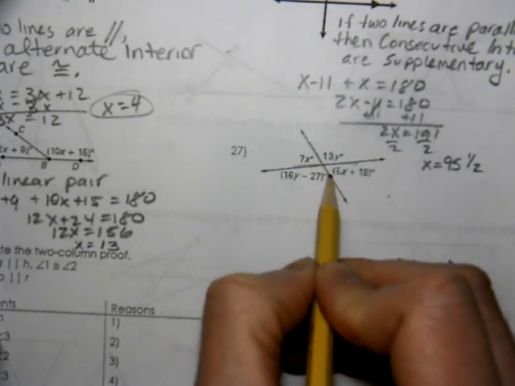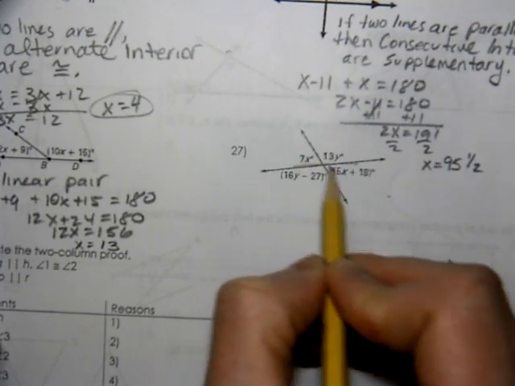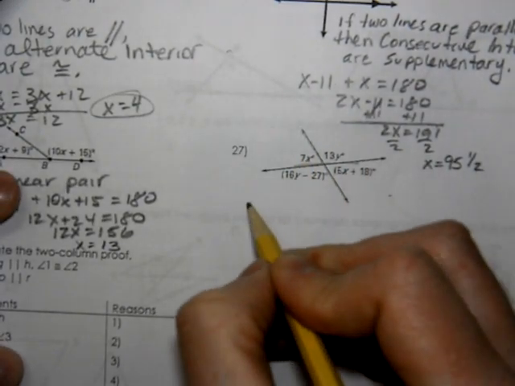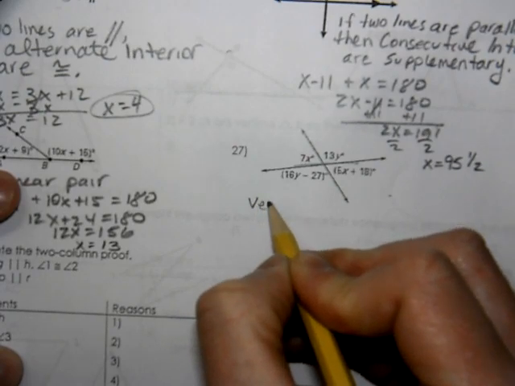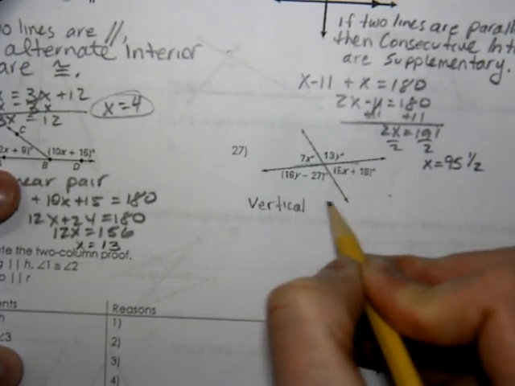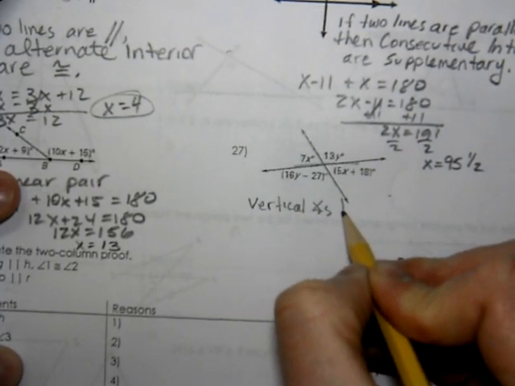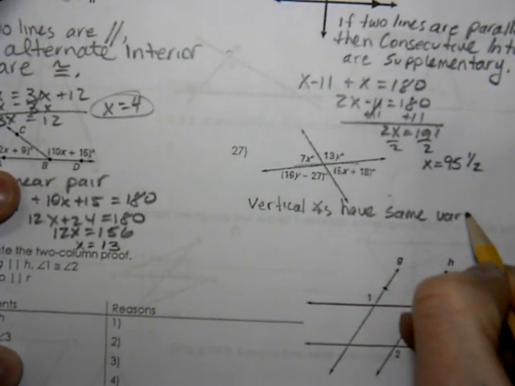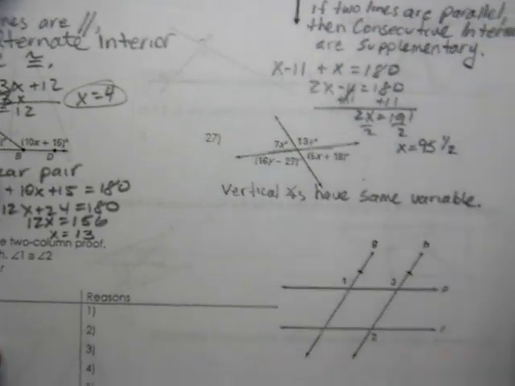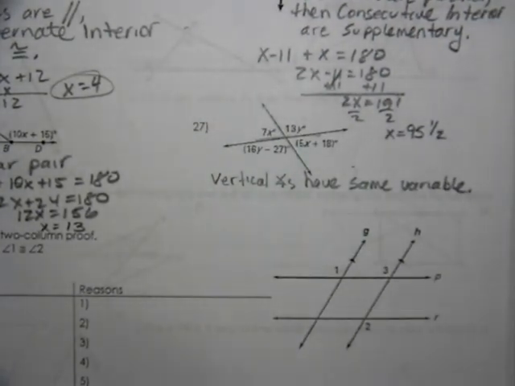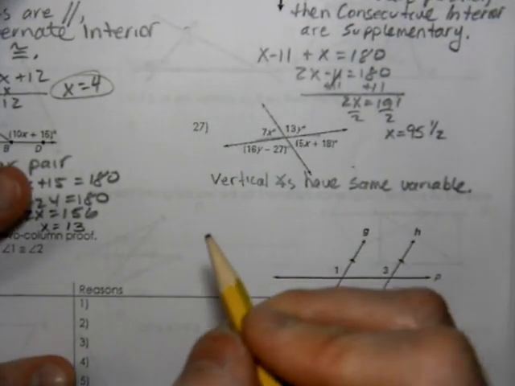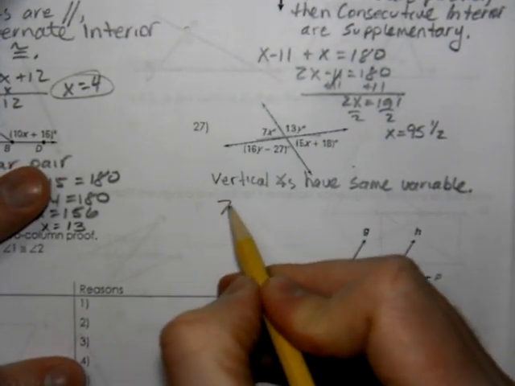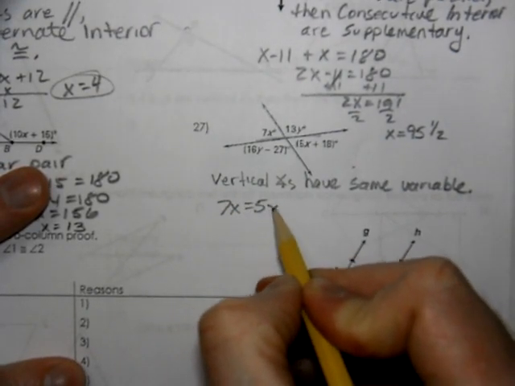Notice how this makes a big X, and they're on opposite sides of this big X. They are vertical angles. In this case, the vertical angles have the same variable. Vertical angles are congruent, so I'm going to set them equal to each other.